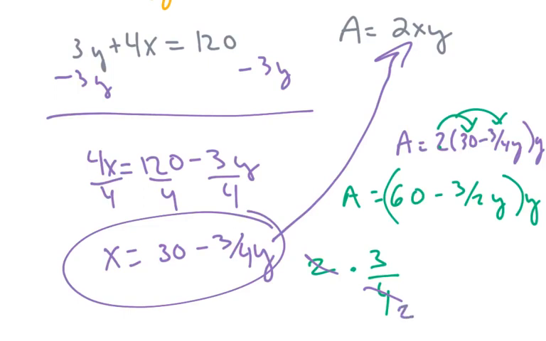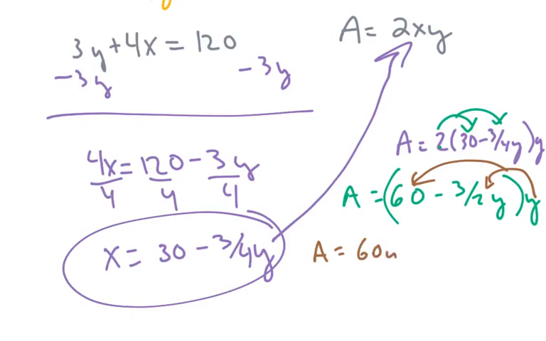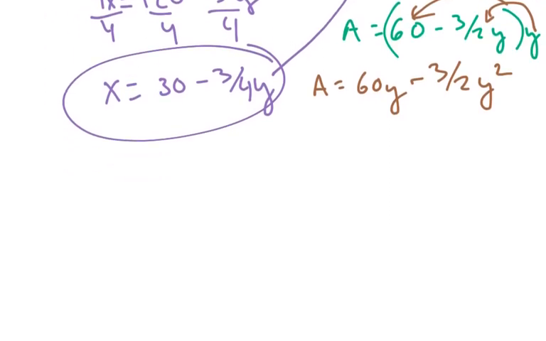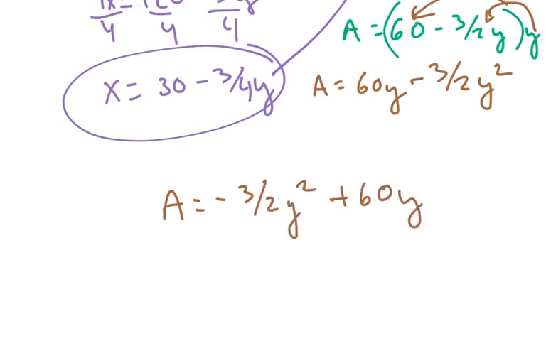It gives me 3/2. So from here, what I'm going to do is distribute the y. And I get area equals 60y minus 3/2 y squared, which I'm going to rewrite as area equals negative 3/2 y squared plus 60y, just switching the order.